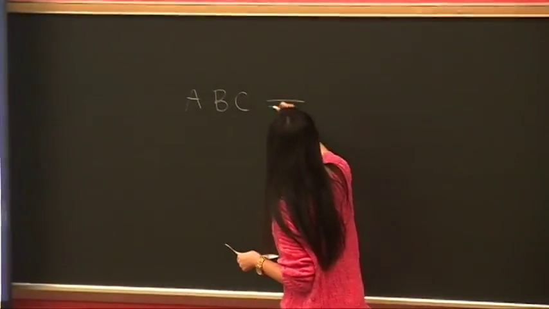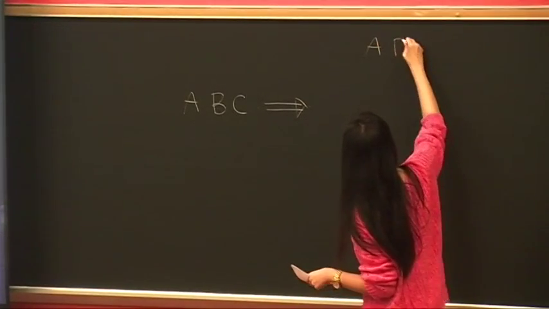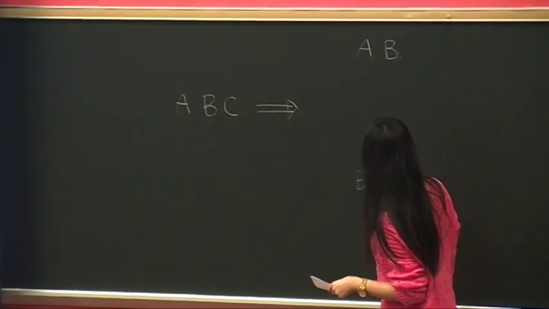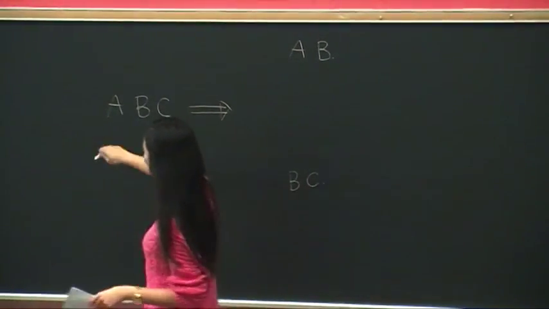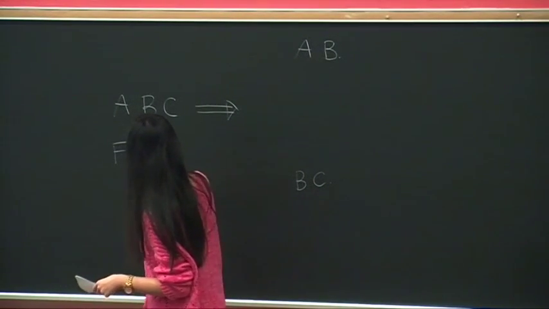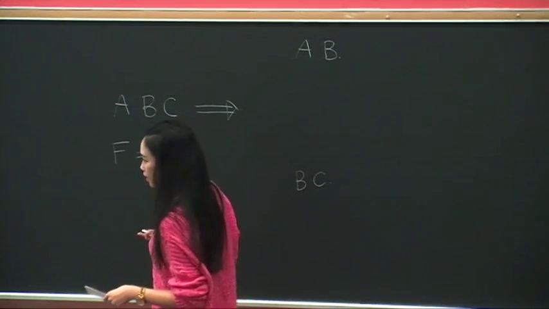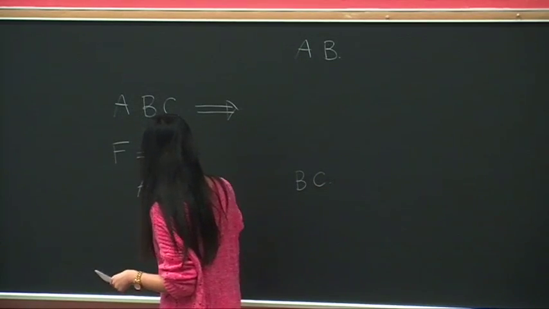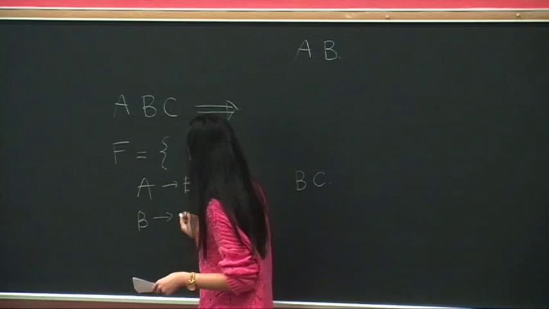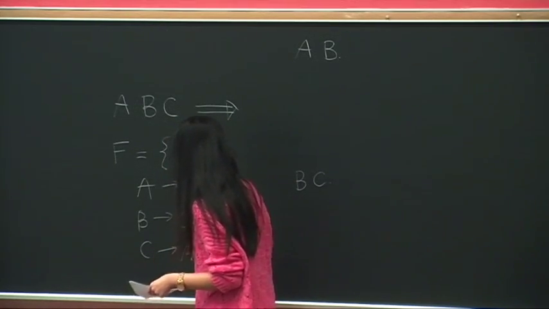So decompose R into AB and BC, and for ABC, the functional dependencies right here, we use a set to denote that, right? Because the order of functional dependencies does not matter. So say we have A determines B. We also have B determines C. And we also have C determines A.